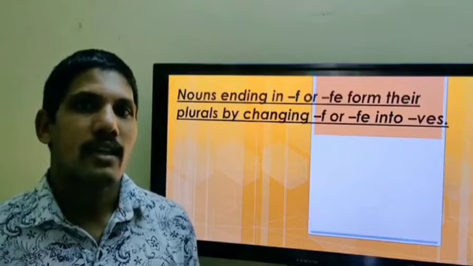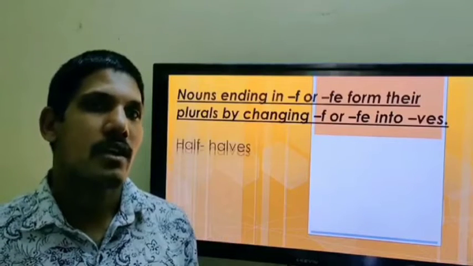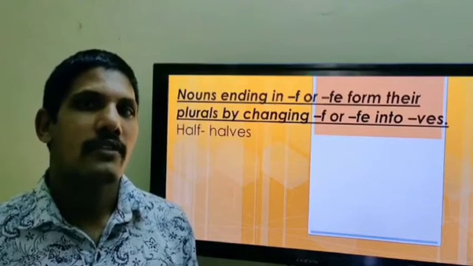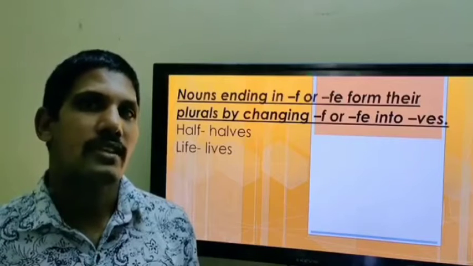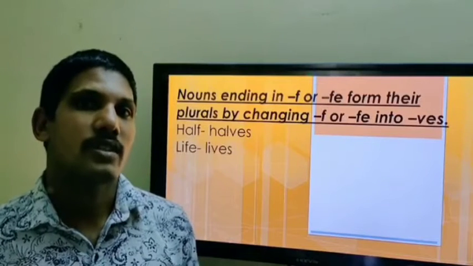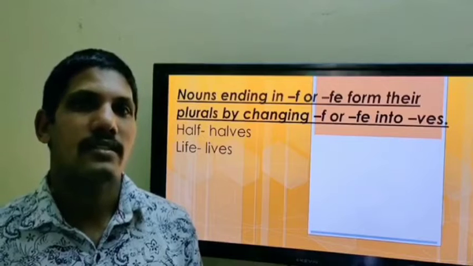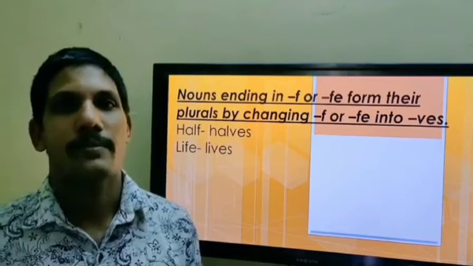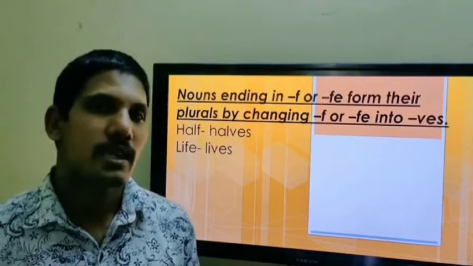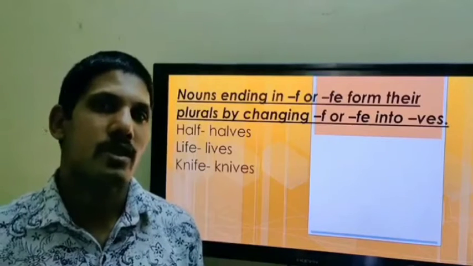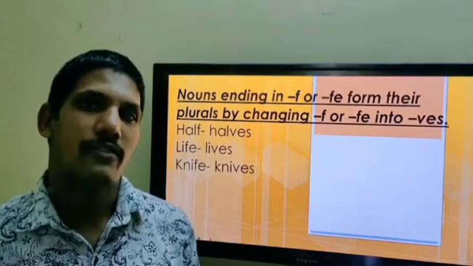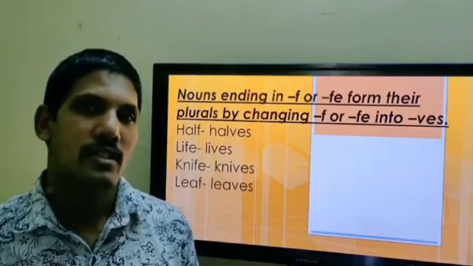The second method is changing f or fe into ves. For example, half becomes halves. Here f became ves. Life becomes lives. In this case, fe became ves. Similarly, knife becomes knives. Leaf becomes leaves.